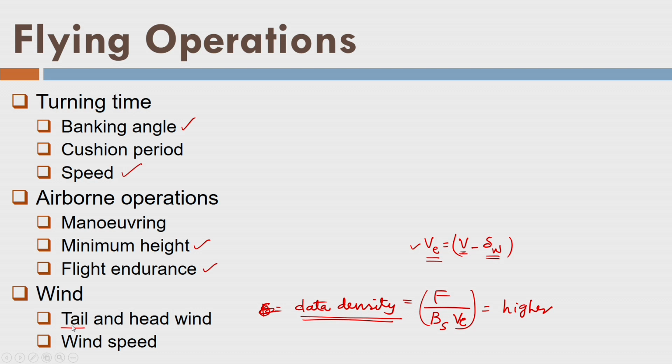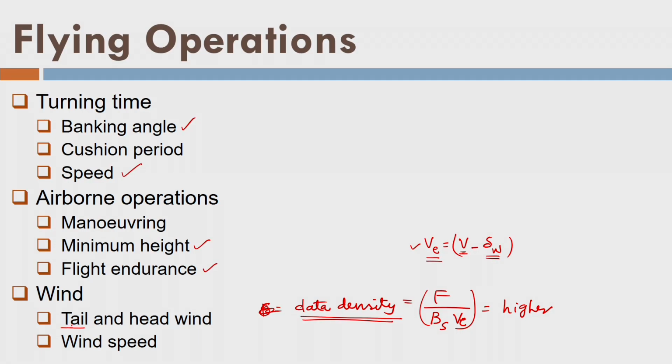The effective speed of the aircraft will increase, and as a result in case of tailwind we have data density equals F upon B S times V plus delta W. Delta W is nothing but the wind speed here.